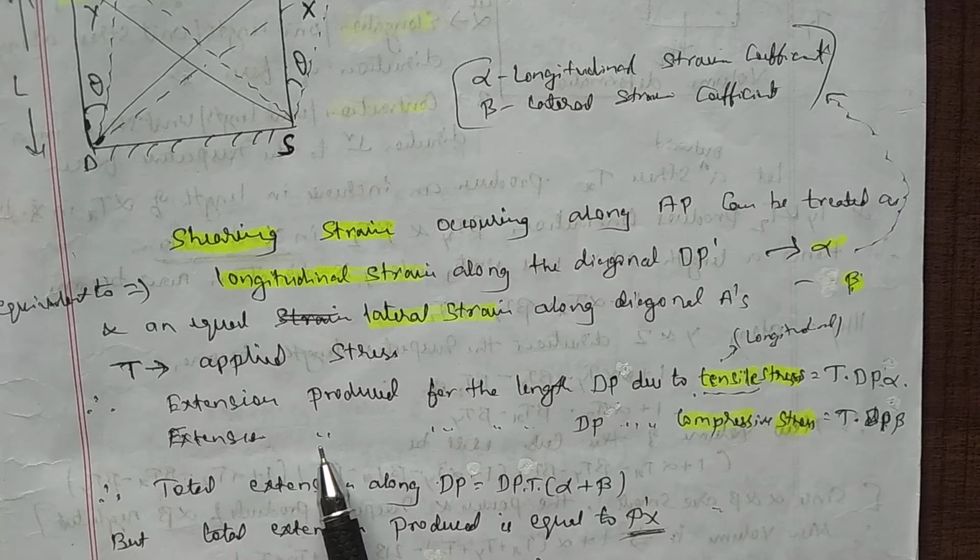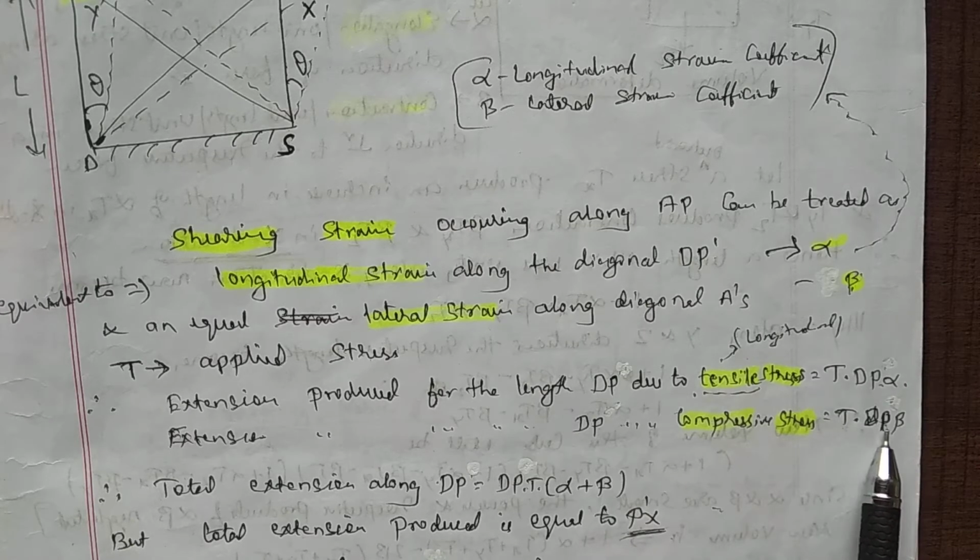Similarly, the extension produced for the length DP due to the compressive stress is given by T into DP into beta, that is the lateral strain coefficient.